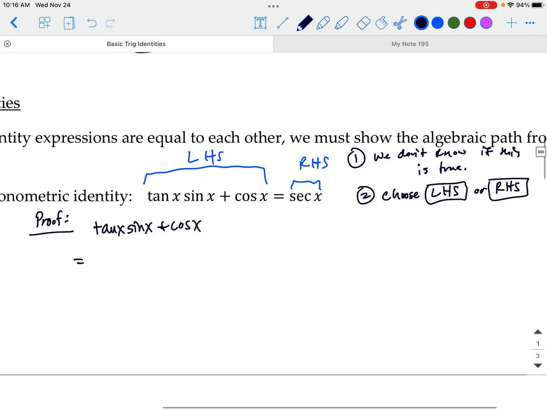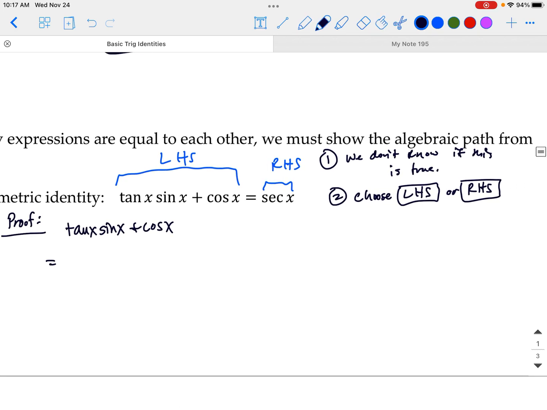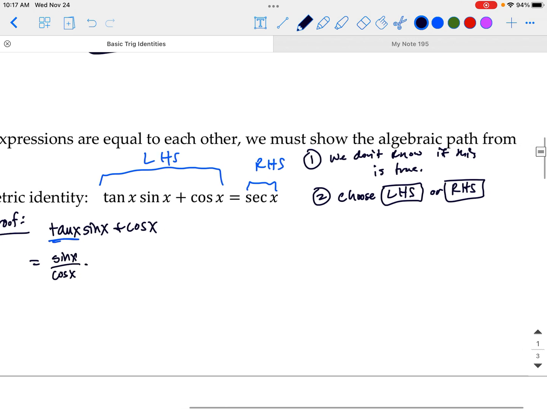So for this, if I'm looking, not really much I can do in the current form that it's in, right? There's no multiple sines or multiple cosines that we can factor. So the key here is probably going to be tangent, because I know that tangent can be written as sine x over cosine x.